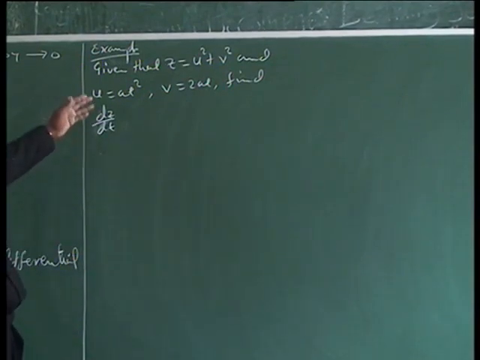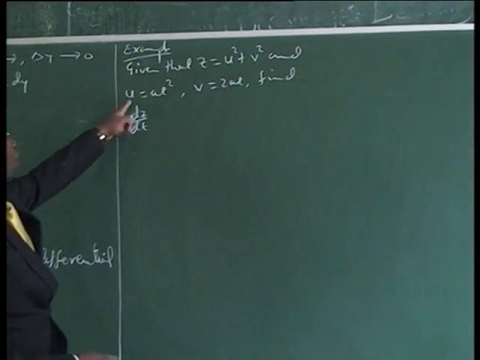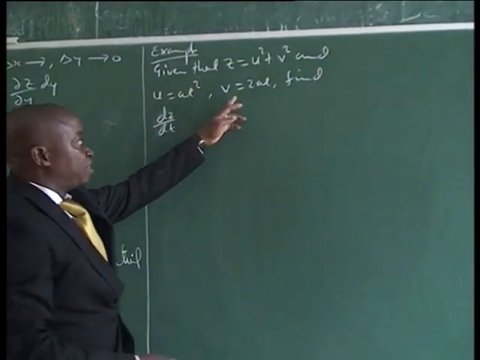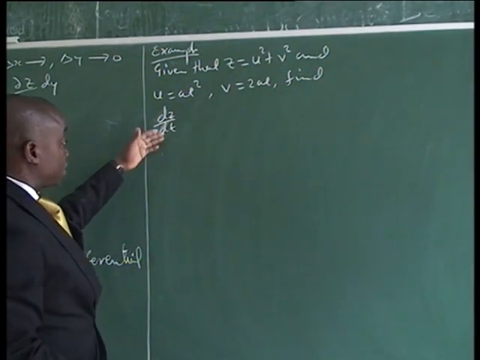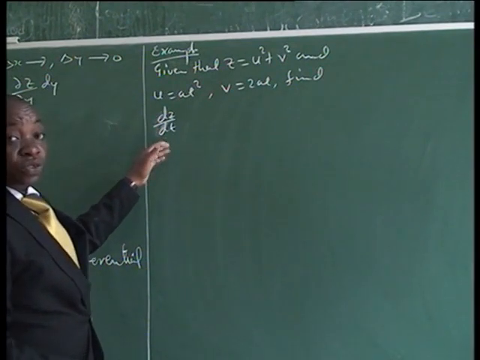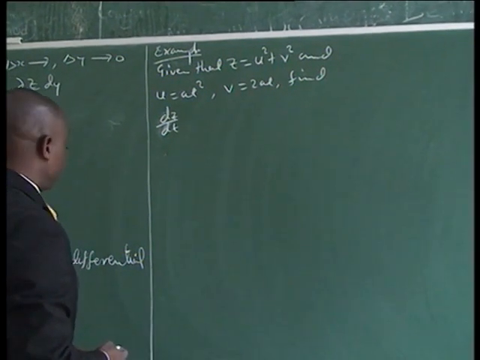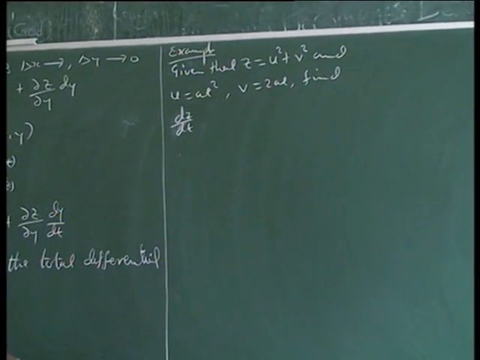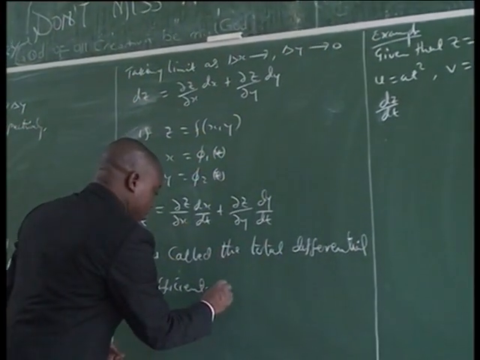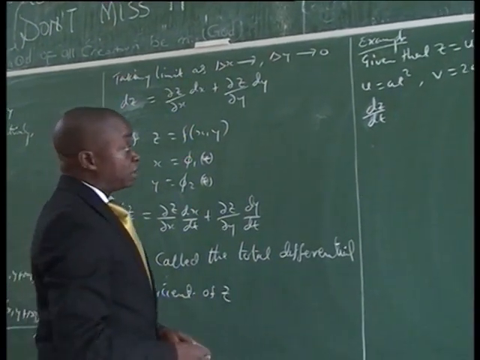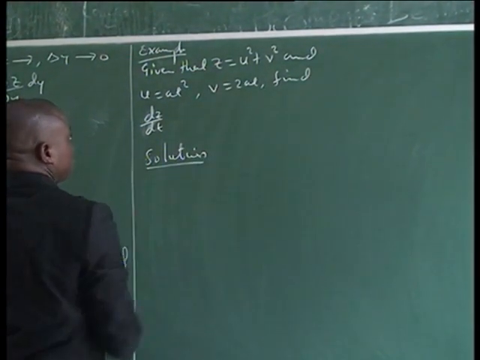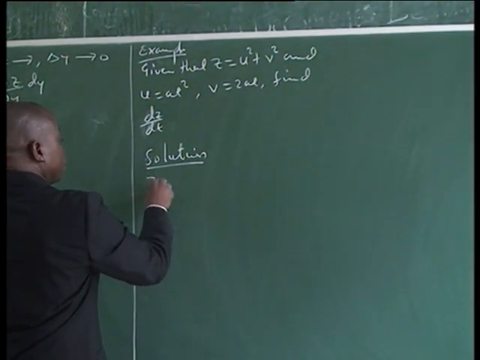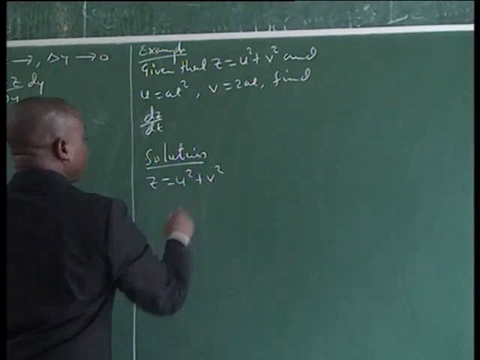Right. So given that z is equal to u squared plus v squared, and u is equal to 8t squared, v is equal to 8t, find dz/dt. I've told us that this dz/dt is the total differential coefficient of z. Okay, so let's do the solution. We have z is equal to u squared plus v squared.